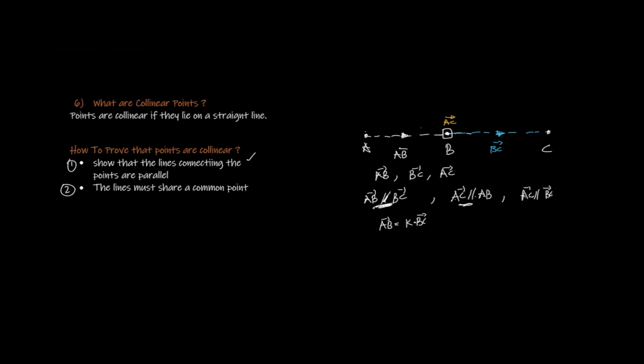So let me just show you that. If I'm considering AB and BC, B is common. If I'm considering AC and AB, A would be common. And if I am considering AC and BC, C would be the common point between those 2 lines. So in all cases, I can identify a common point, and that would satisfy condition number 2.